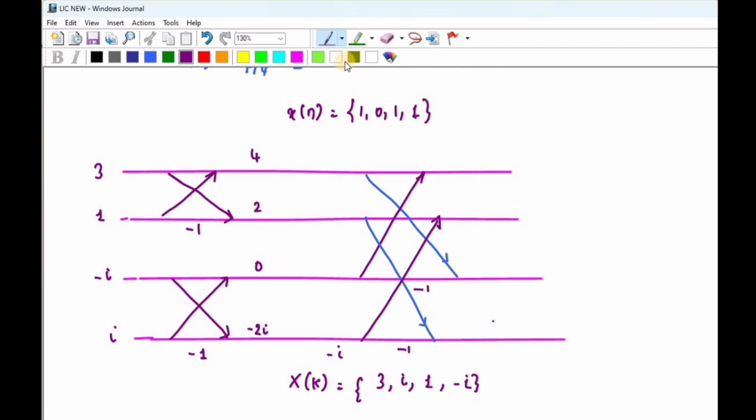So we'll get the answer as minus 2. If I solve here, 4 plus 0 is 4. 2 minus 2 is 0. Then 4 minus 0 is 4. 2 minus minus 2 is 4. So we'll get the answer as 1, 0, 1, 1. This is my x of k value and this is my x of n value. So after dividing the whole term by 4.